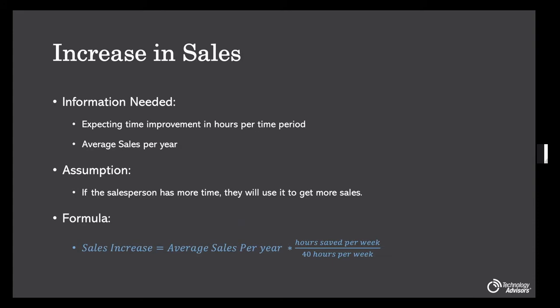If I have expected time improvement in hours per time period and the average sales per year, the assumption is that if a salesperson has more time, they will use it to get more sales. Then that sales increase is simply the average sales per year times the amount of hours saved. And again, I've got that built out in one of my calculators.